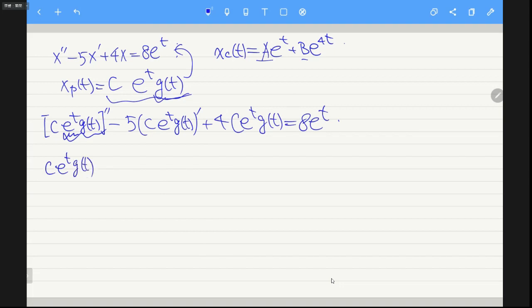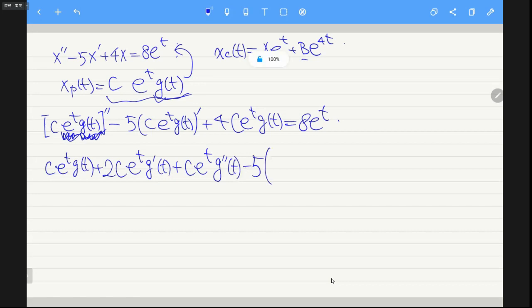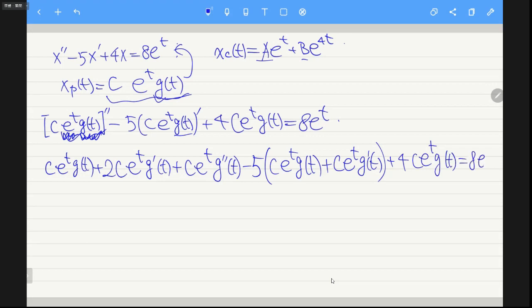So we have c exponential to t g double prime of t plus 2c exponential to t g prime of t plus c exponential to t g of t, minus 5 times c exponential to t g prime of t plus c exponential to t g of t, plus 4c exponential to t g of t, equals 8 exponential to t.